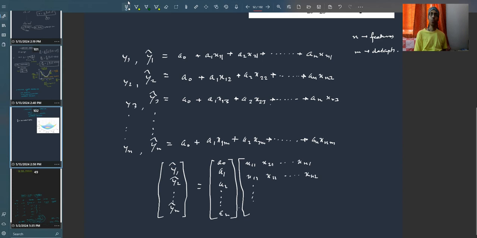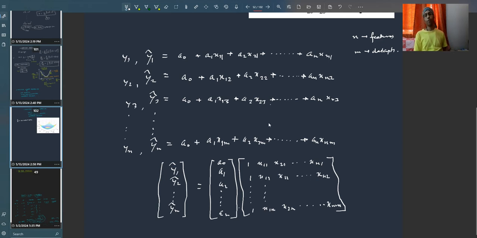This comes down to x1m, x2m dot dot dot xnm. But because of a0 there is a column of 1s also beside this, so we add that, 1 1 dot dot dot 1. So this is basically the matrix form equation.